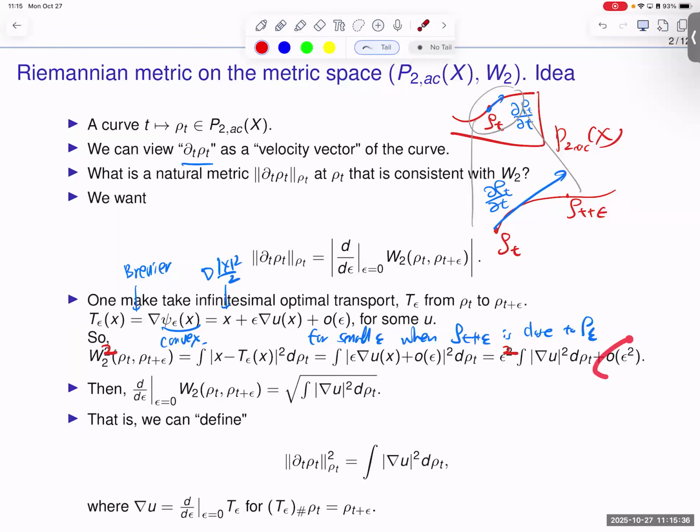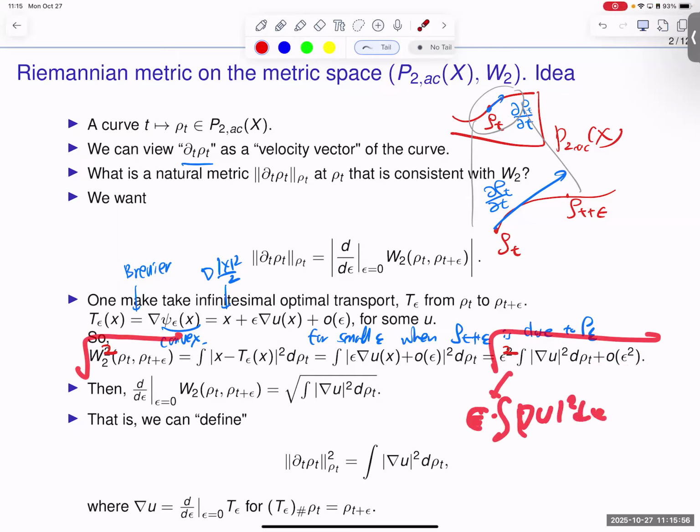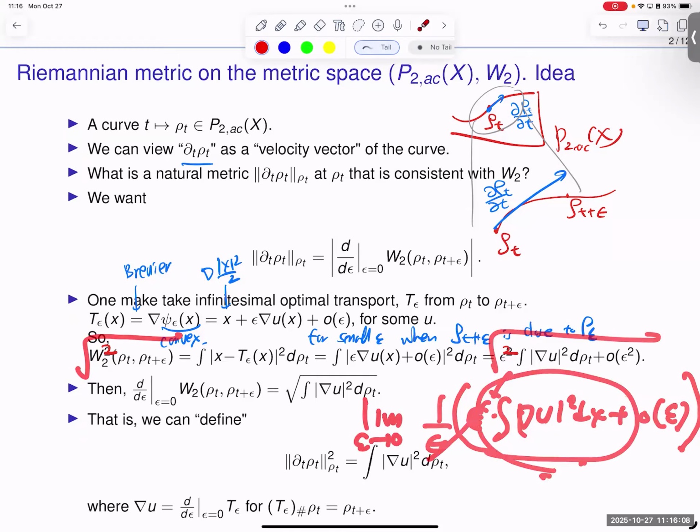This means this is higher than epsilon squared, so it decays faster than epsilon squared. And then we take the derivative. Taking the derivative means you just take the square root, then you get epsilon term, and the principal term is nothing but this. Then you have small order term, and you divide it by epsilon and take the limit. So then you get this term.